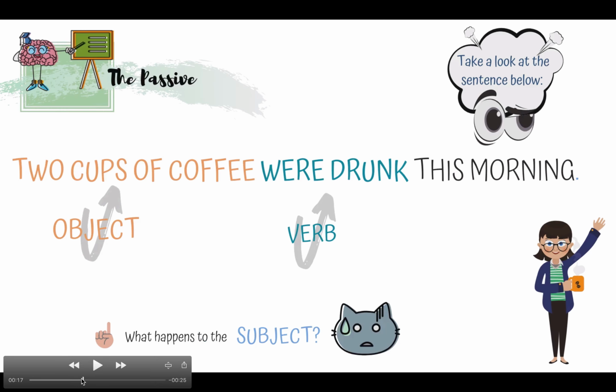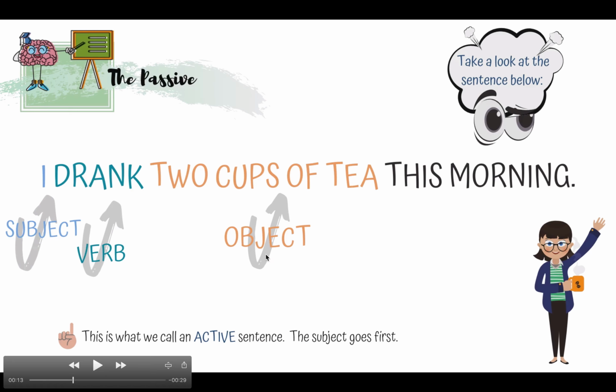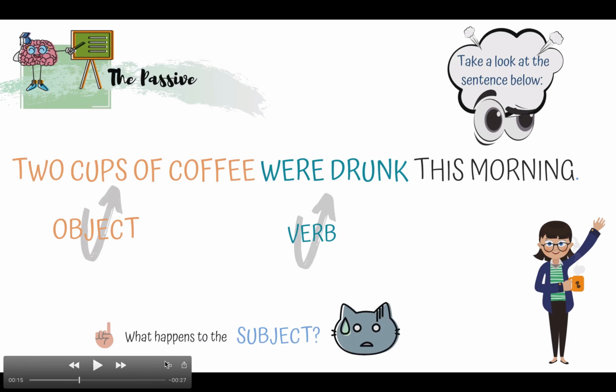So let me just go back here very quickly to our first sentence. I drank 2 cups of tea this morning. So what tense are we talking about? Well, it is the past simple, okay? So drank is the past simple, very, very clearly. So how do we transform that then into the passive? Well, very simple.